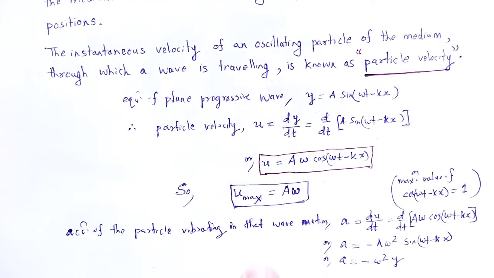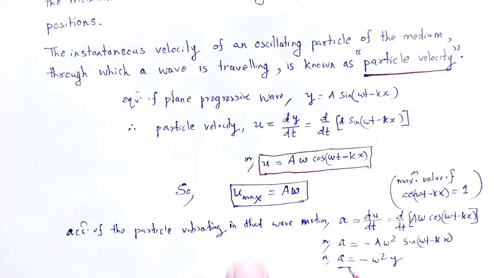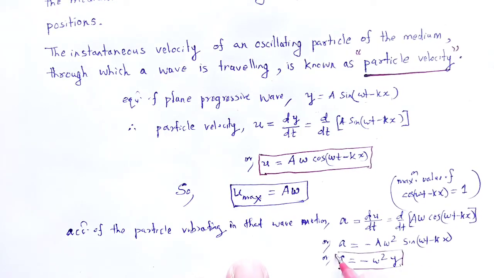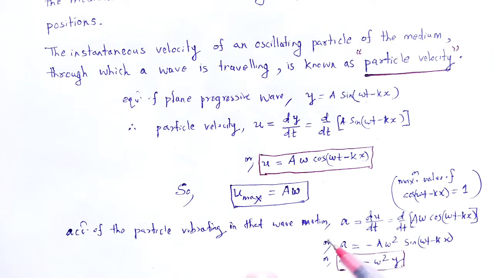So a is equal to minus ω² y, the acceleration of the particle vibrating in the wave motion.